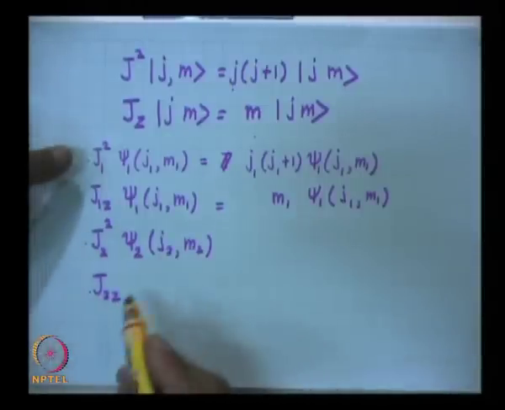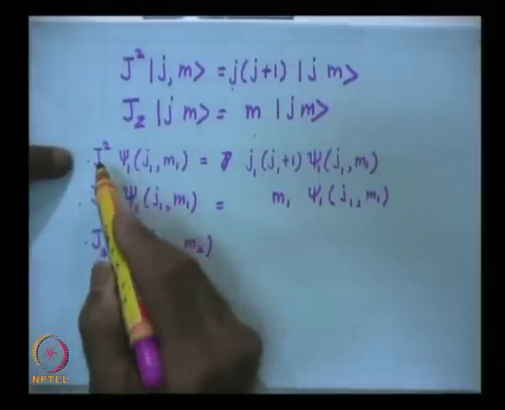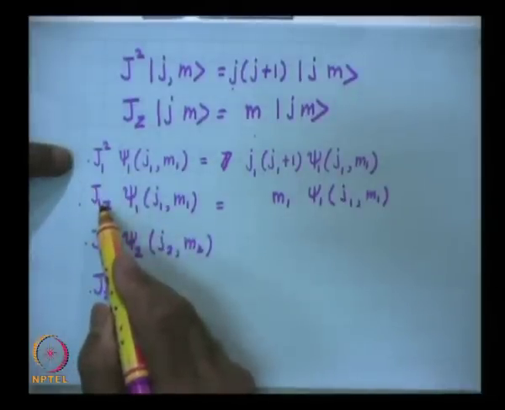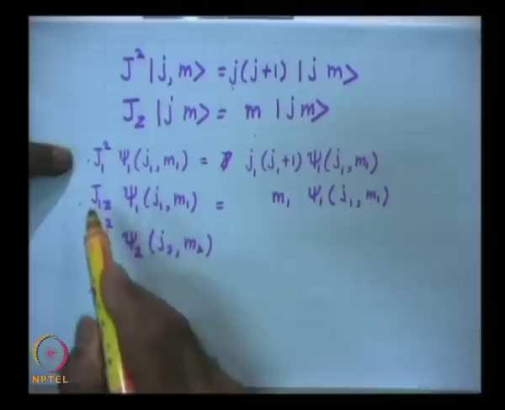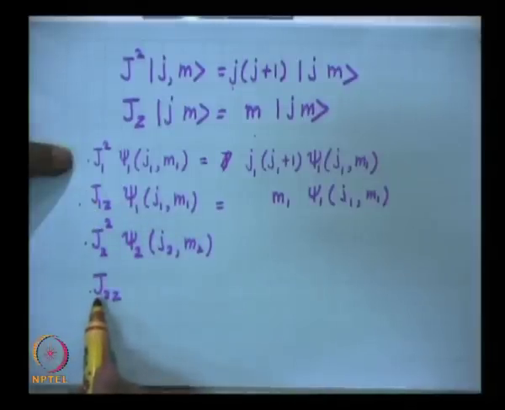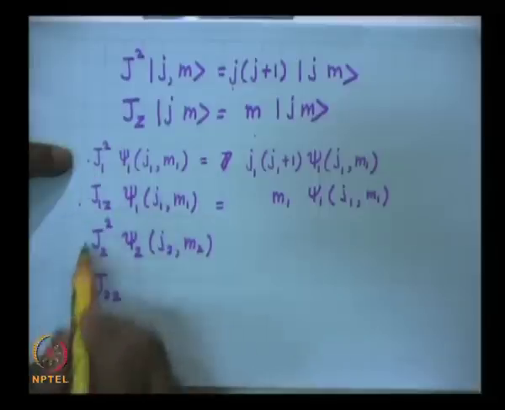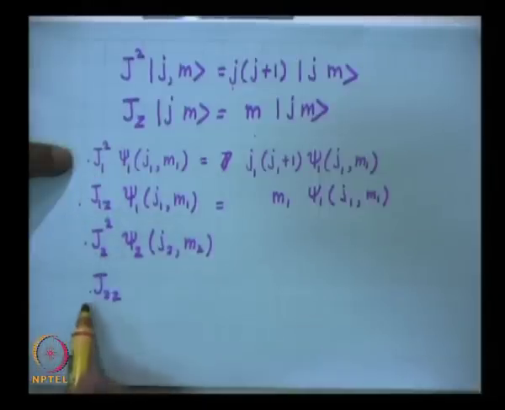Now, please see, J1 square commutes with J1z, and J1 square commutes with all the components of J2. So, it commutes with J2 square and it commutes with J2z.